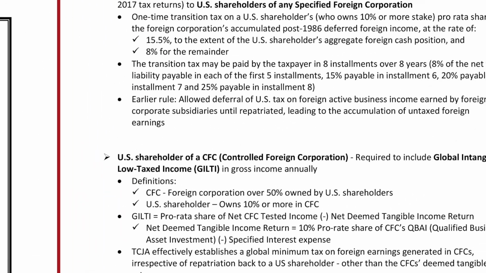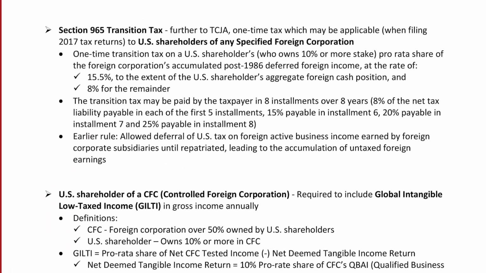Move to page 49 and highlight section 965 transition tax. This is applicable further to the Tax Cuts and Jobs Act, wherein highlight a one-time tax may be applicable for the taxpayers, which is calculated when filing highlight 2017 tax returns.